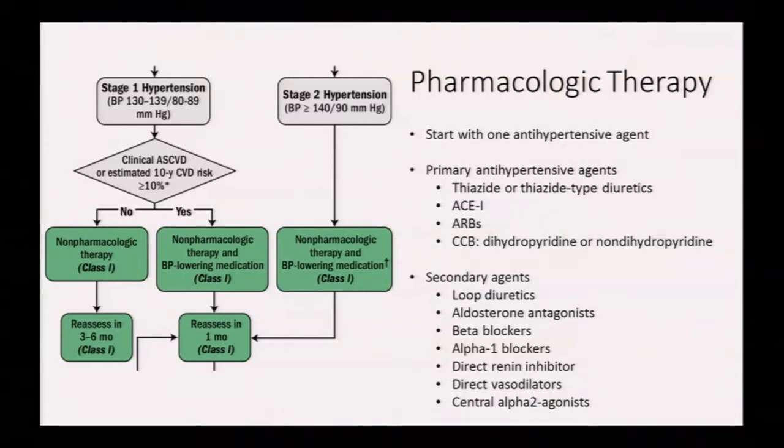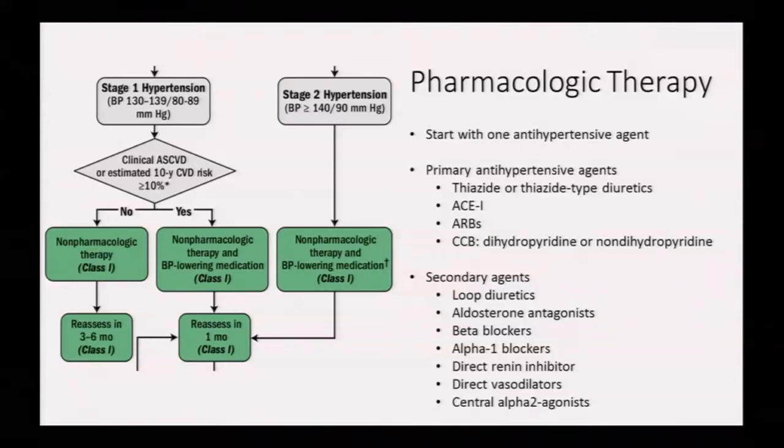So you start those people on 2 medications from the get-go, and that has a significant impact on their health, actually. There were 3 trials that looked at starting combination therapy for this group of people, or starting them on 1 medication, then following it with addition of a second agent later on.